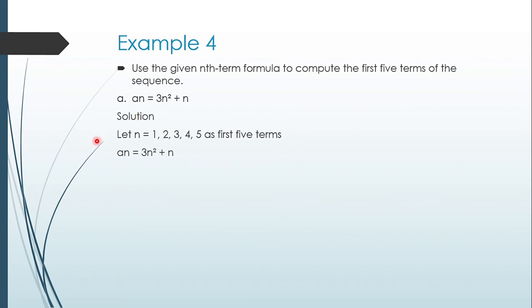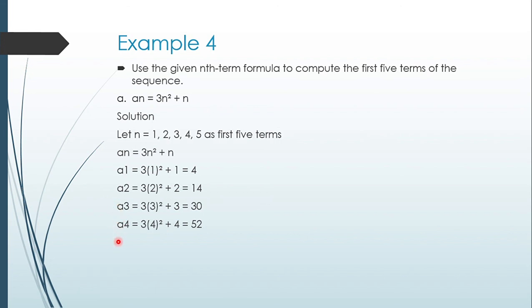So, a sub 1, 3 times 1 squared plus 1 is equal to 4. Then next, 3 times 2 squared plus 2 is equal to 14. Next, 3 times 3 squared plus 3 is equal to 30.